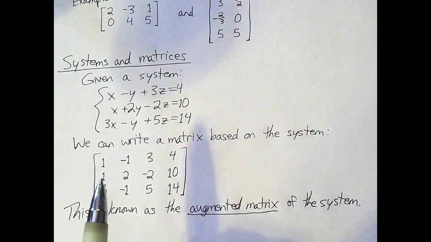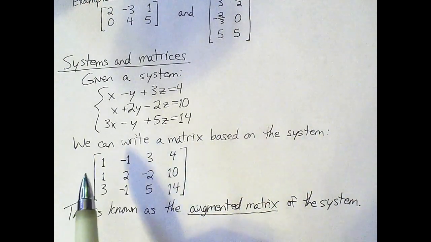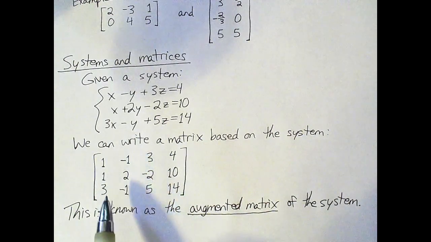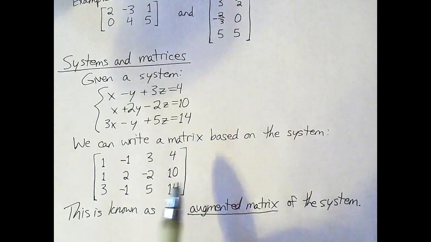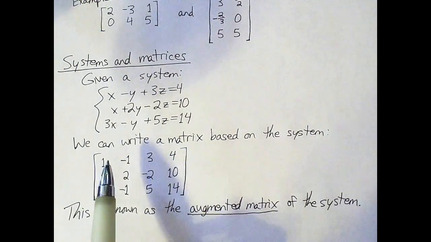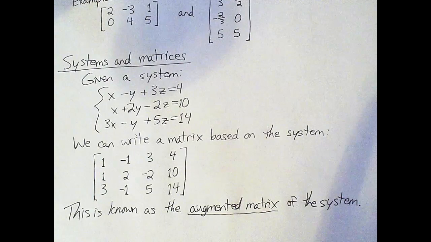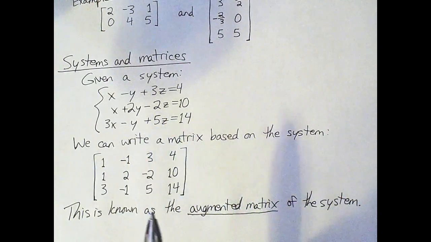But if every problem fits that same format, then maybe we could just write it as a matrix. If we write it as a matrix, it saves us a little bit of time because we don't have to write x's and y's and z's and equal signs. You just write the numbers that determine the system.